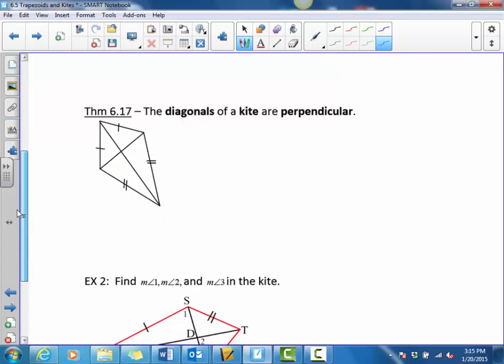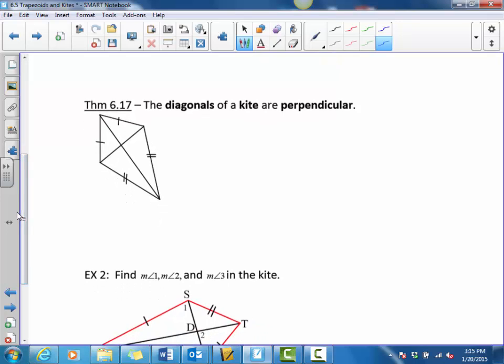All right. Theorem 617 says that the diagonals of a kite are perpendicular. Well, we already know that. Hopefully you remember that from our quadrilateral family sheet. So because they're perpendicular, that means that the diagonals form right angles. Okay.